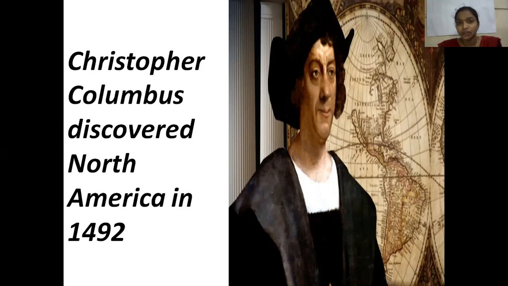Children, Christopher Columbus was an Italian explorer. He wanted to find the sea route to Asia from Europe, and unknowingly or by chance, he reached Caribbean islands that are on the coast of North America, and so he discovered North America in the year 1492.